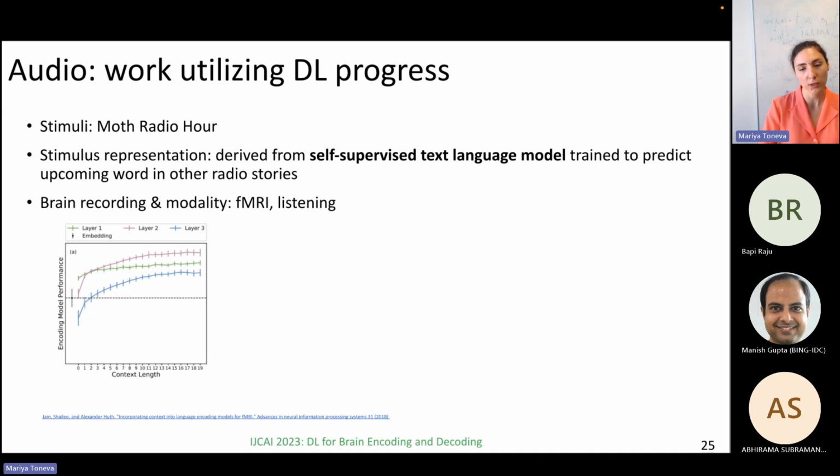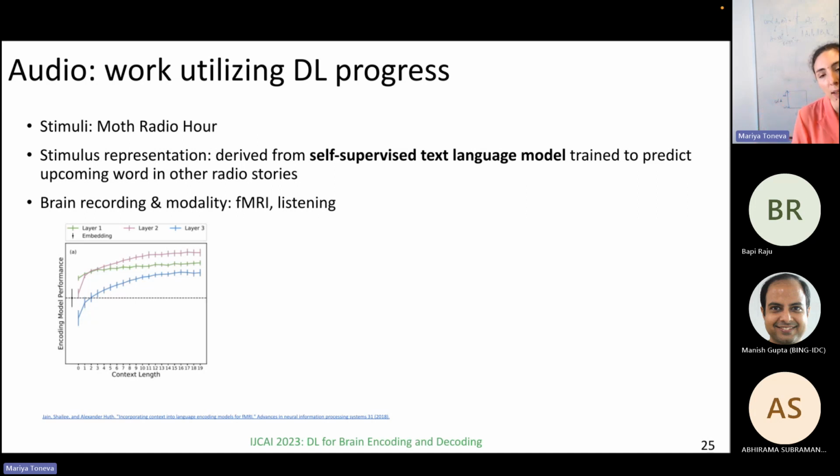So here, what these authors showed is that actually the middle layers of self-supervised models are the ones that align best with the brain response during high-level semantic understanding. And this is thought to be due to the fact that these models are trained in a self-supervised way. So both the input and the output of these models have information that's related to the word level. And so the middle layers may be the ones that contain information that's the most high level and more similar to the brain response.